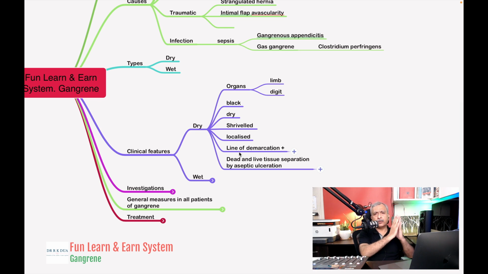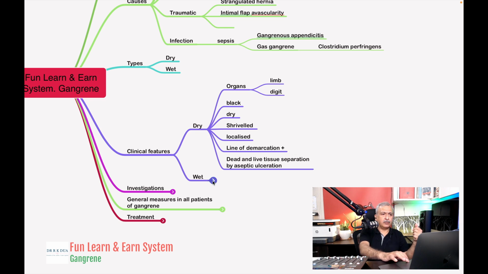There is no clear cut line of demarcation between the dead tissue and the live tissue in case of your wet gangrene. The dead tissue and the live tissue in wet gangrene are separated by the septic ulceration or the blister formation.